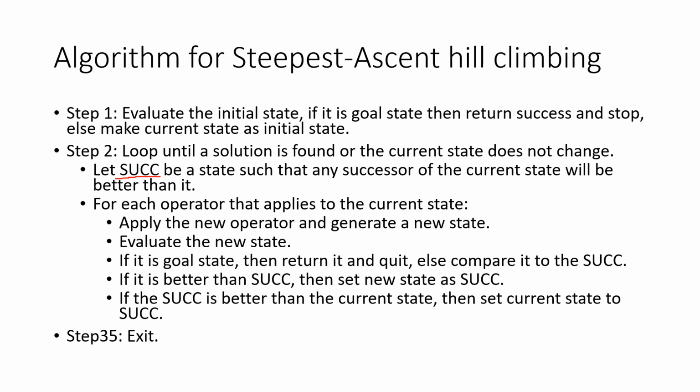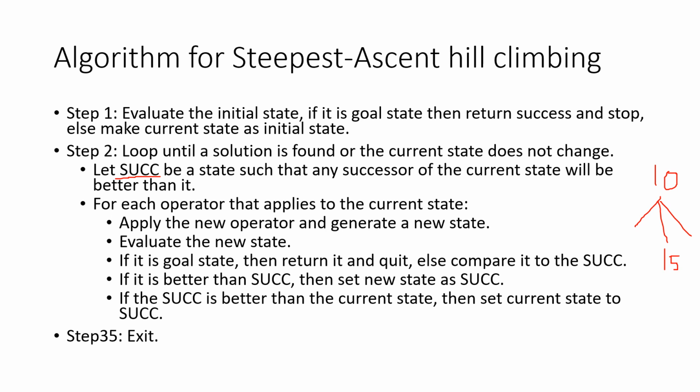Otherwise, we will stick with that itself. For example, in the previous slide we discussed the current state is 10, so success will be 10 initially. Then we have 3 neighbors and there we have seen the improvement 15. Then next success will be 15.